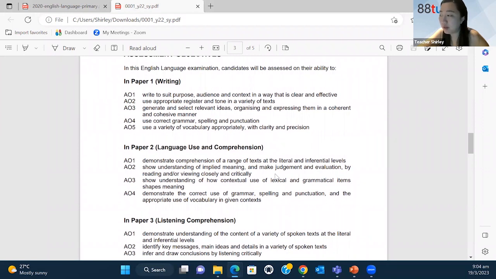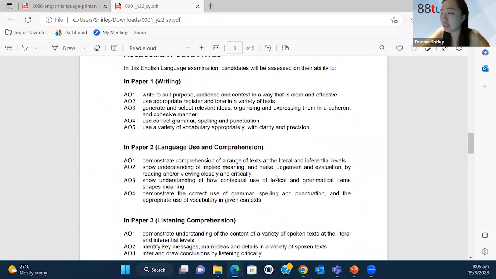You have your paper 1, which we are going to go through part of today. Of course, we cannot go through all the components in one day. That will take up a lot of time. But in a 1.5 hour session, we are quite good at covering 1 or 2 of these components.